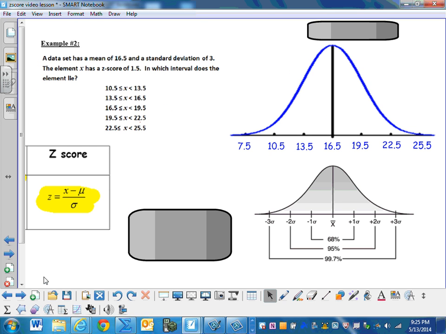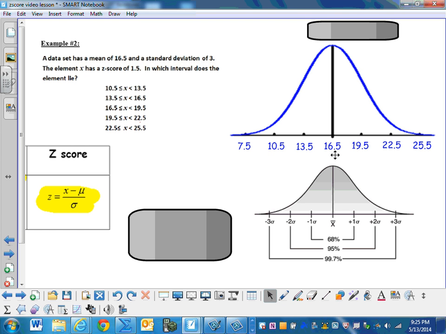Example 2. A data set has a mean of 16.5 and a standard deviation of 3. The element x has a z-score of 1.5. In which interval does the element lie? So let's go ahead and plot our scores. Our mean is 16.5.